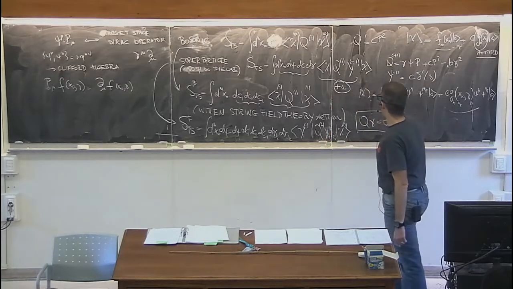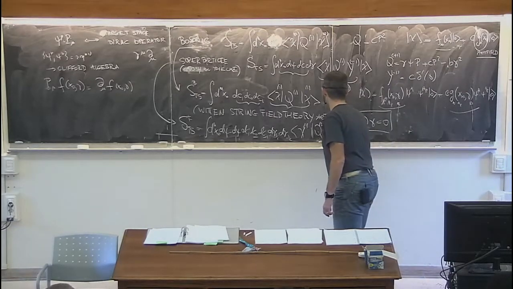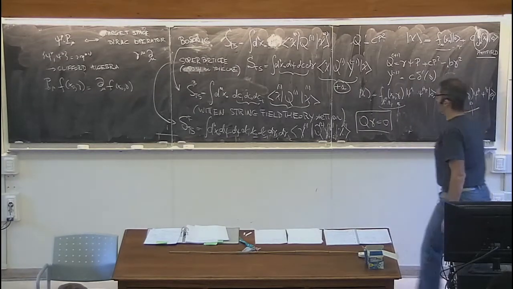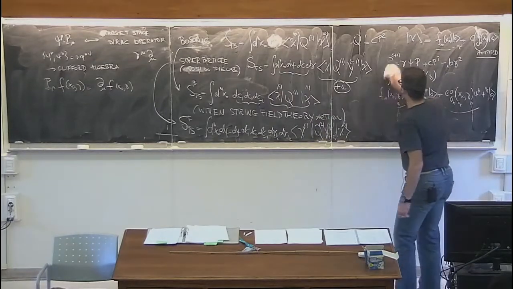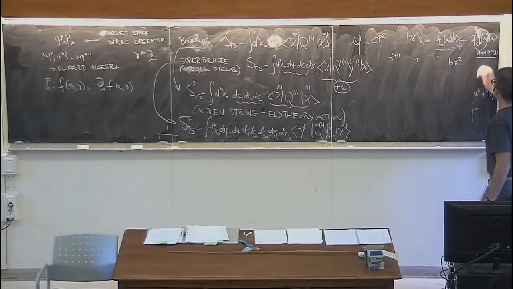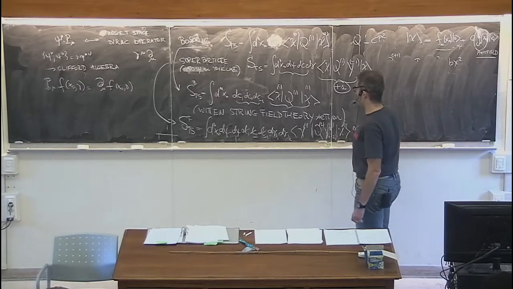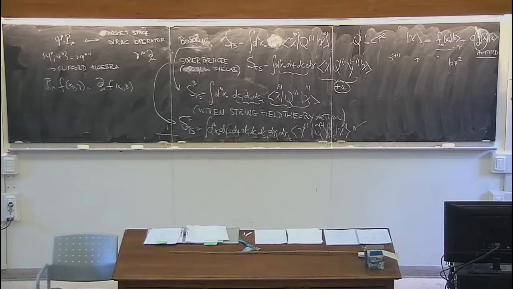And the ghost number of these, I don't remember now, I think it is 0. In this case, it's 0. So this form of the action is one of the forms of the superstring field theory actions.